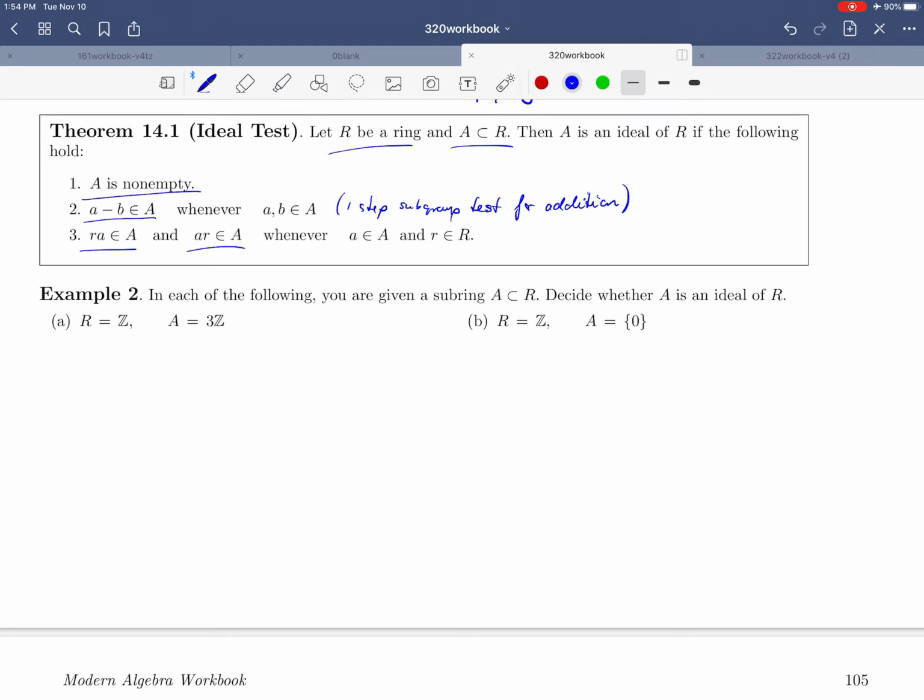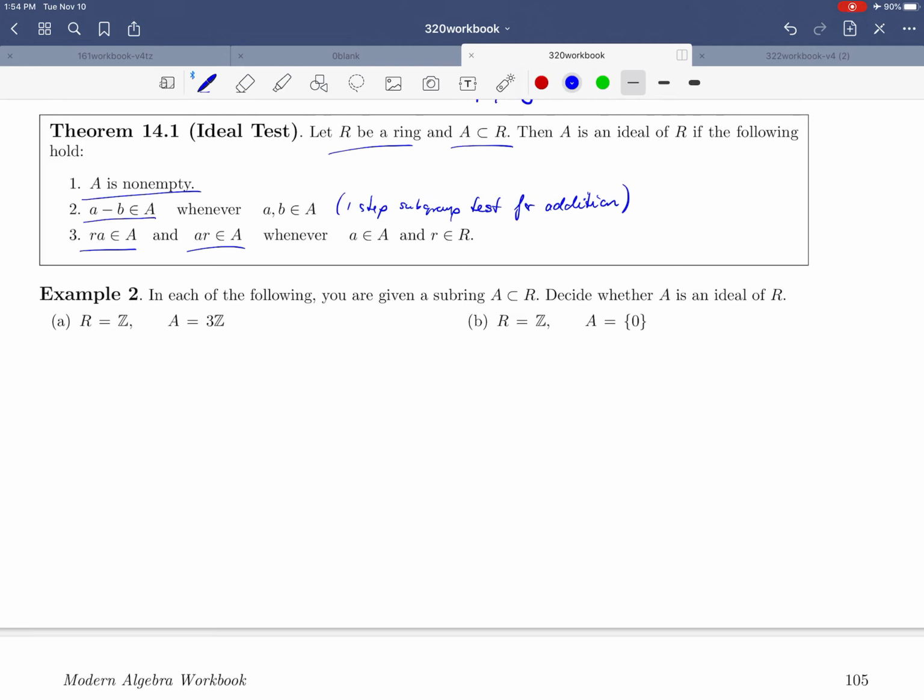Let's look at a few examples just to get a feeling for what these things look like. In example 2, we have a ring defined and then a subring defined. Let's assume we already know it's a subring, so we don't have to deal with numbers 1 and 2. We just need to check this additional absorption property.